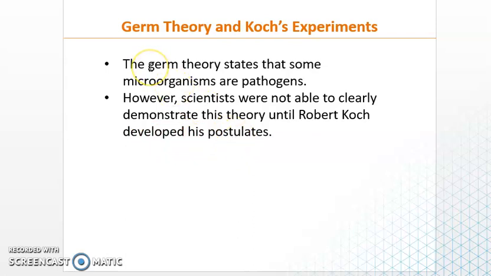First of all, the scientists established the germ theory, which states that some microorganisms are pathogens, which means some microorganisms cause diseases. But this was just what they thought happened, and they couldn't be sure until Robert Koch started to do his experiments. So what was the Robert Koch experiment?